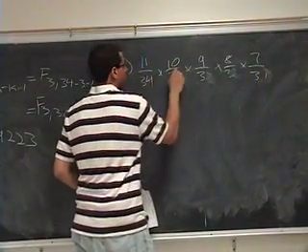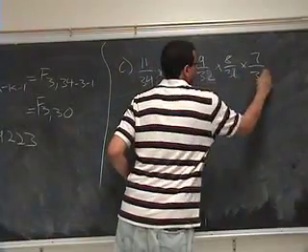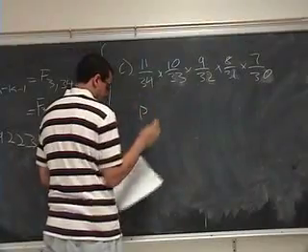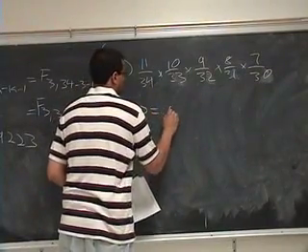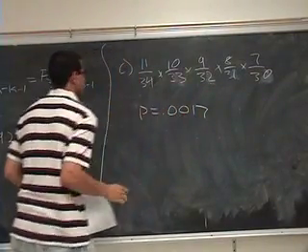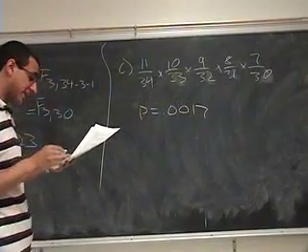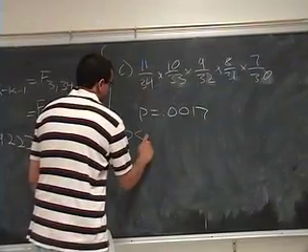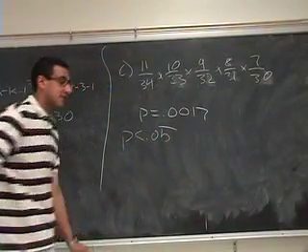So you use 34, 33, 32, 31, and 30. So you multiply that out, you get the p-value is equal to 0.0017. So then the last box says, is it statistically significant? Well, we know that p is less than 0.05, so it is statistically significant.